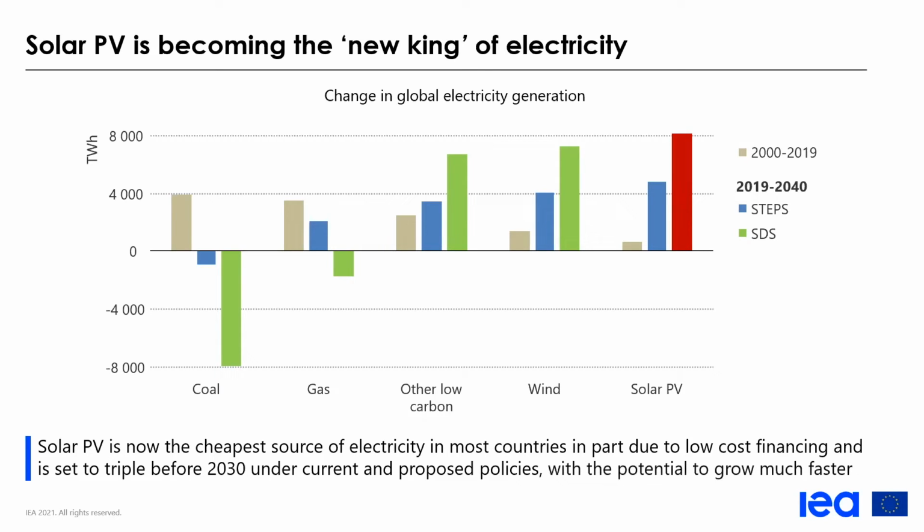And here you can see the difference. You can see how coal, because of the assumptions in the Sustainable Development Scenario, is not necessarily completely phased out, but is on the path of being phased out, looking at the period 2019-2040.